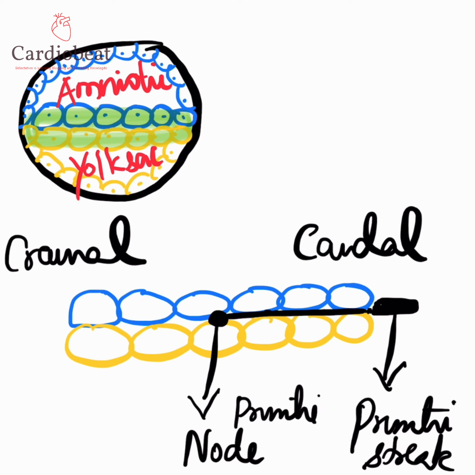As more and more cells are traversing, more and more cells are forming cranially to the primitive node. They form a cord-like structure called the notochord.